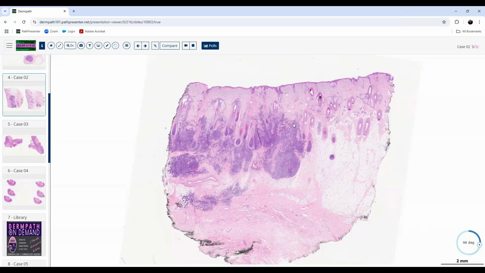In terms of whether it's benign or malignant, I can't fully assess whether it's benign because it appears to extend beyond the left side of the biopsy.